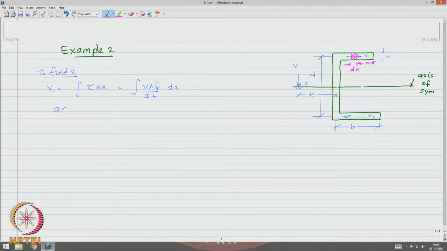So, area under consideration is going to be t into x, and dA is going to be dx into t, and y bar, the strip distance, is going to be d by 2, that is this distance.